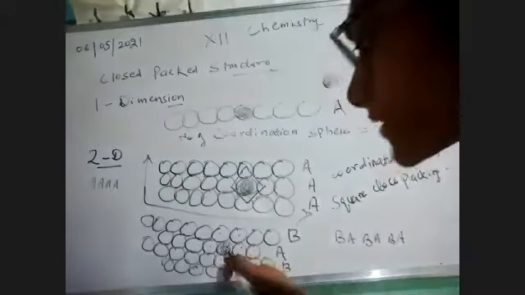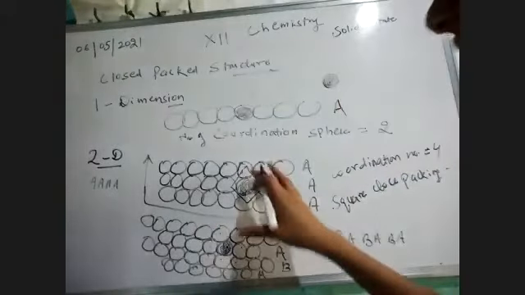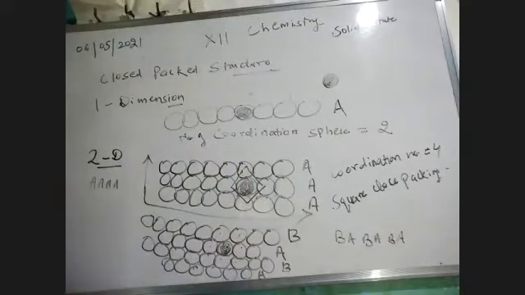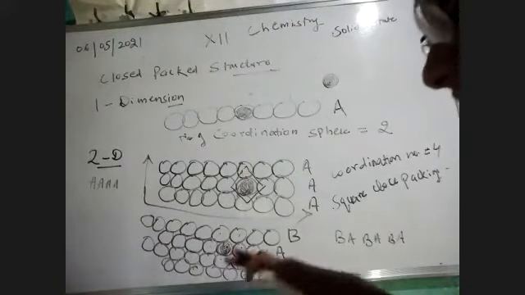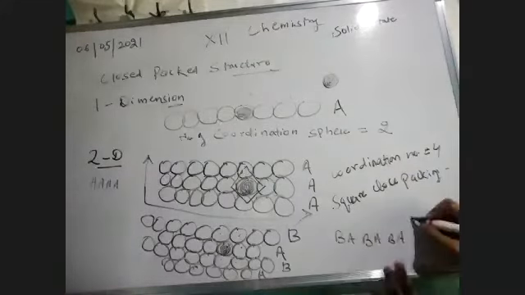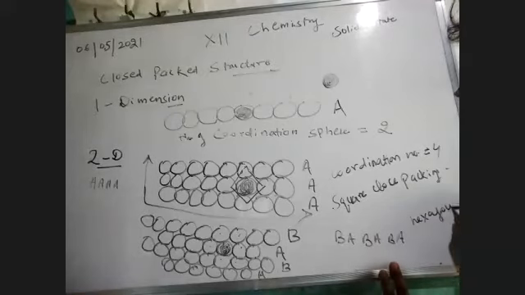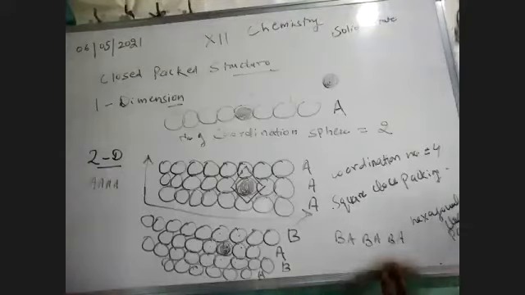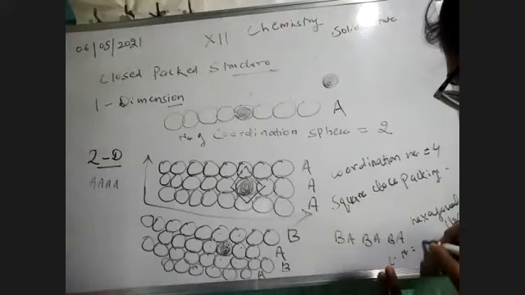Earlier we had just 4 atoms closely packed to each other, but here, since we have a total of 6 atoms arranged with each other, this is known as hexagonal close packing. And the coordination number would be 6 here.